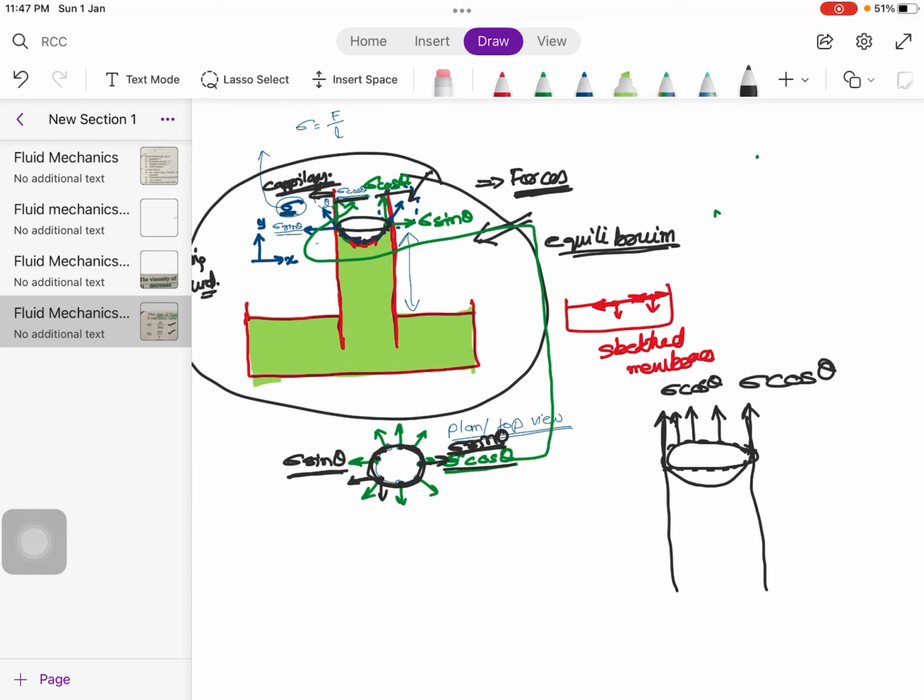So these forces act in the vertical direction.